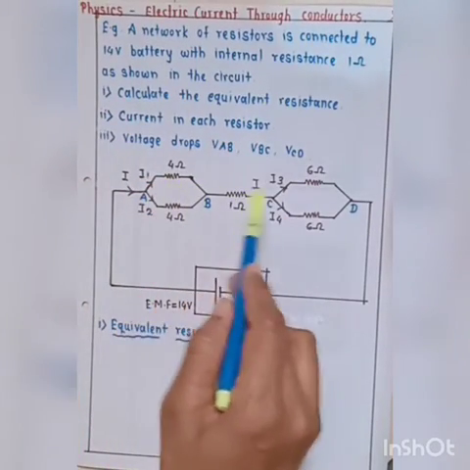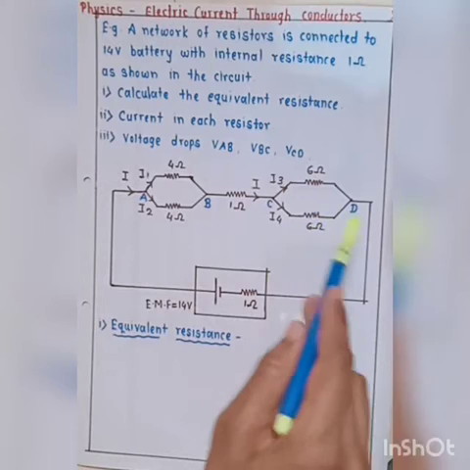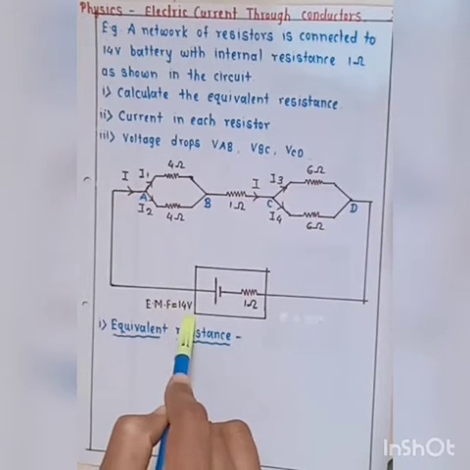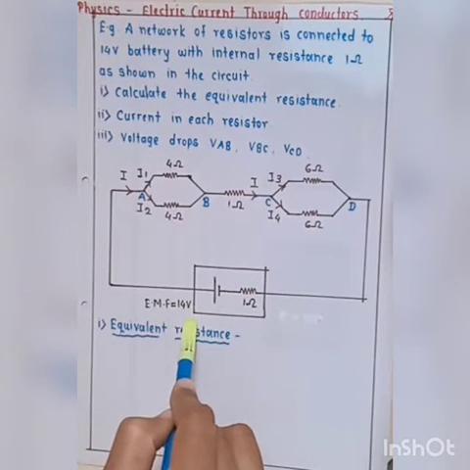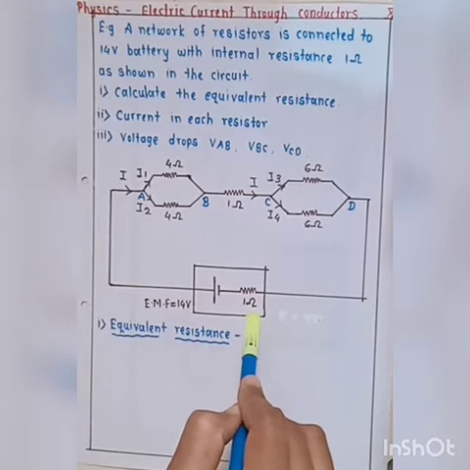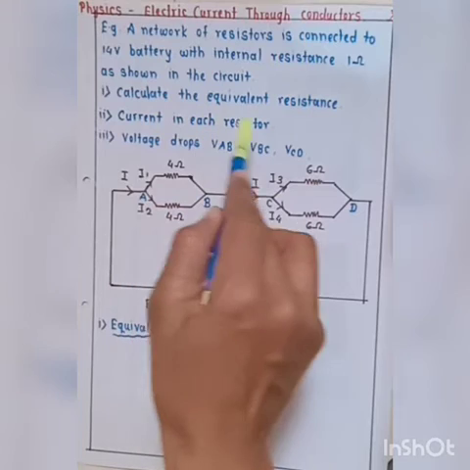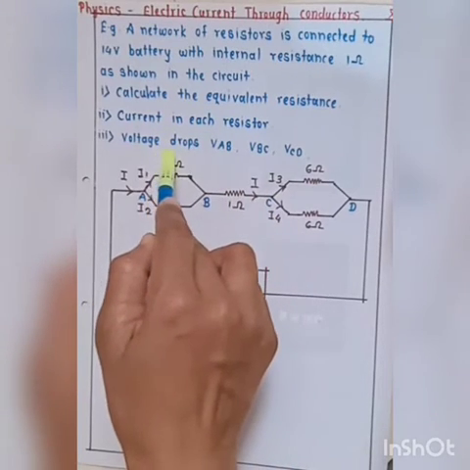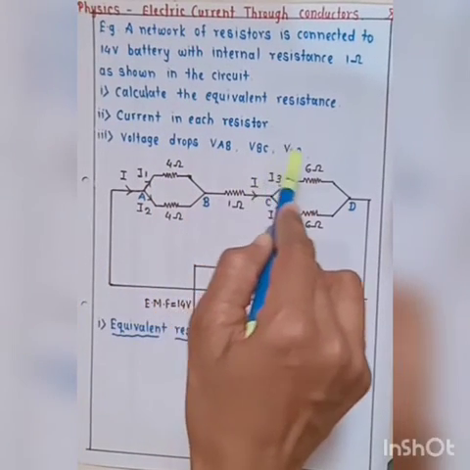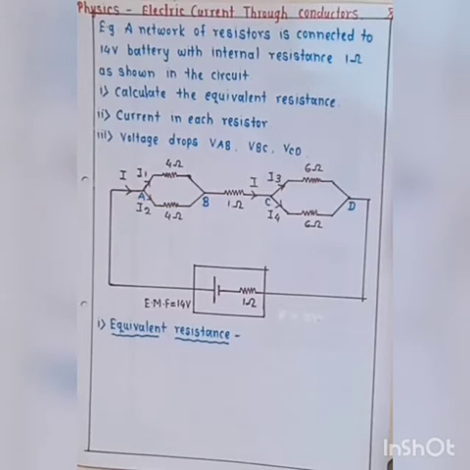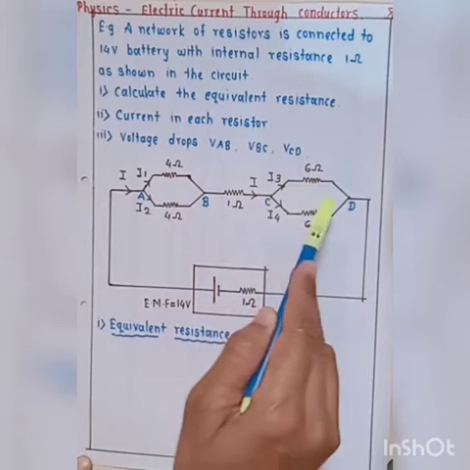A network of resistors is connected to 14 volt battery, that is EMF of the battery is 14 volt with internal resistance 1 ohm. Then calculate equivalent resistance, current in each resistor and voltage drop across AB, BC and CD. So first of all we have to find equivalent resistance across these three networks.